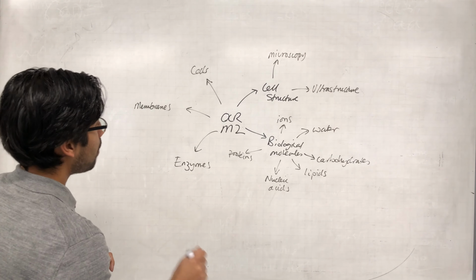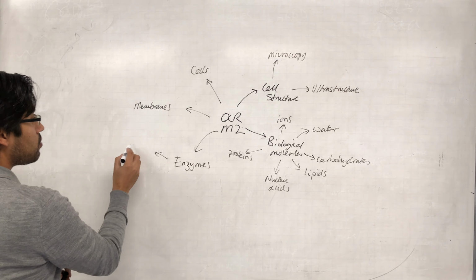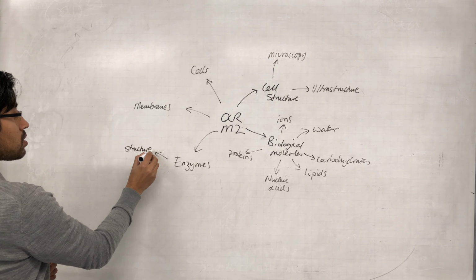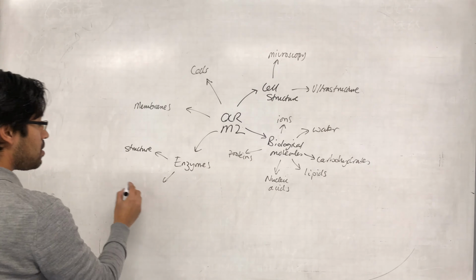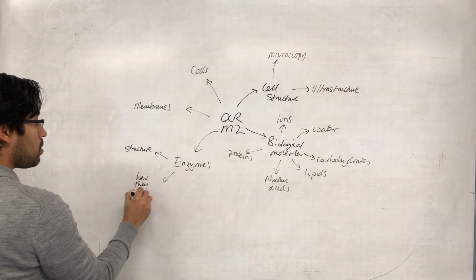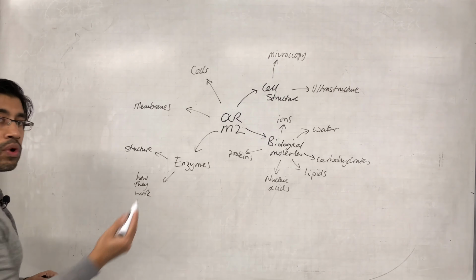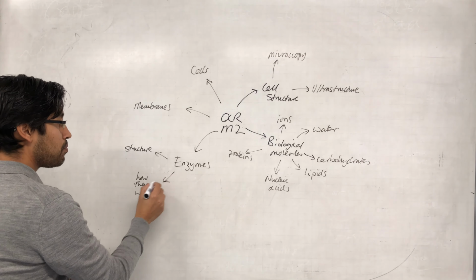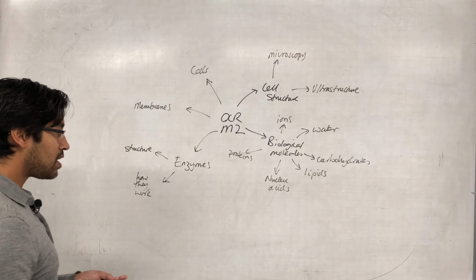Key things about enzymes. The first thing about enzymes is their structure. Next key thing about enzymes that comes up a lot is how they work, so the mechanisms of their action. So the lock and key hypothesis, the activation energy, all that stuff.